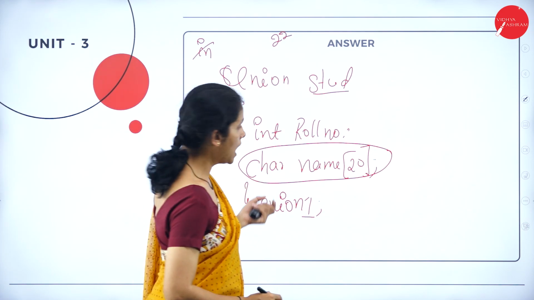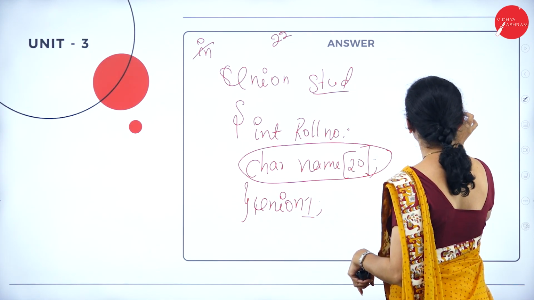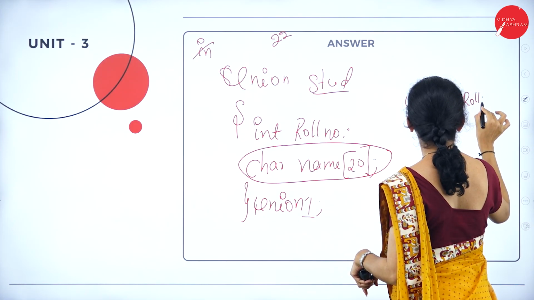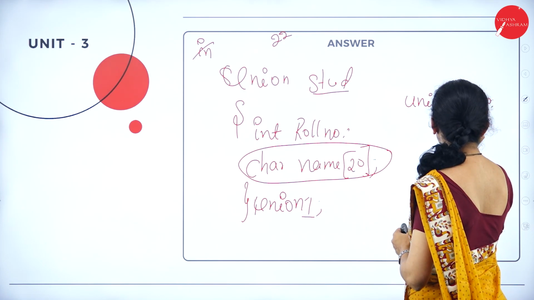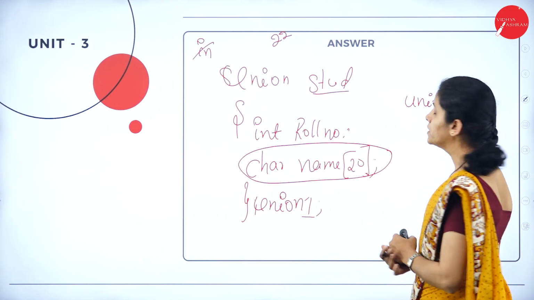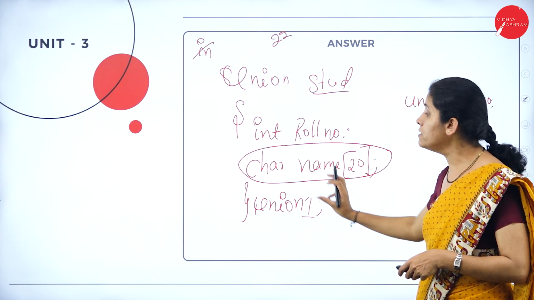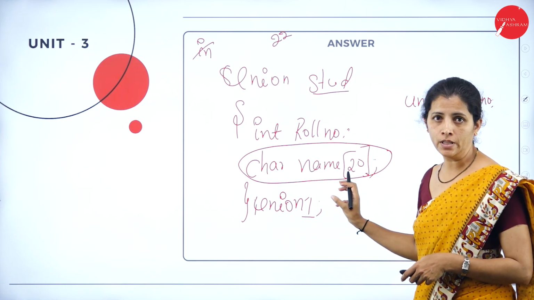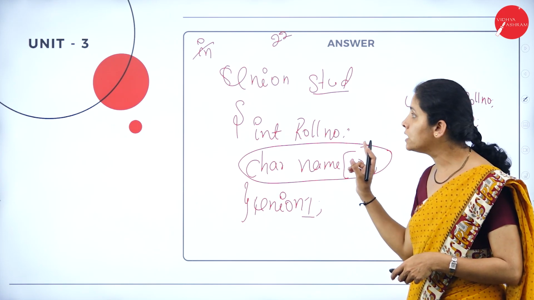Union 1. Now, with the help of union 1 dot roll number, I'm going to assign the value. So here I can access only one field at a time. So that is the disadvantage of union. Over, I can access only one member at a time.